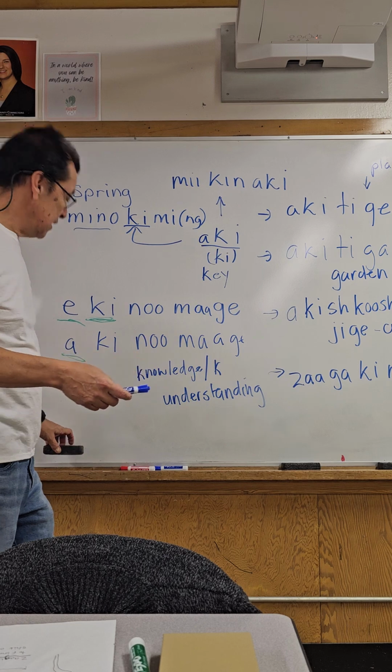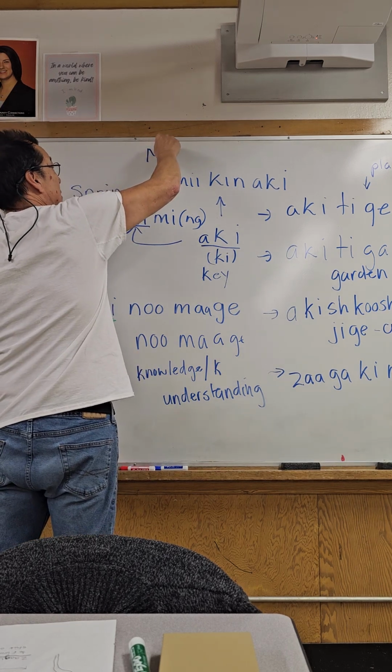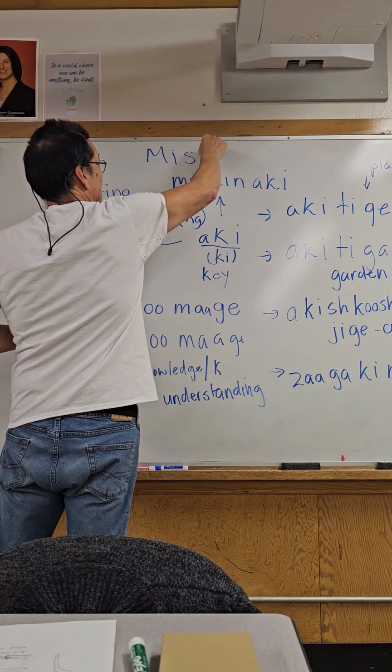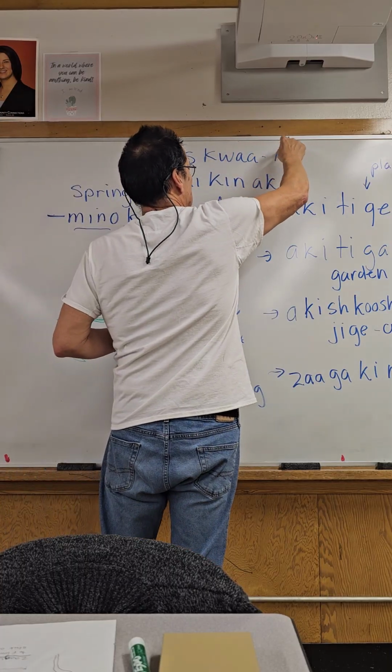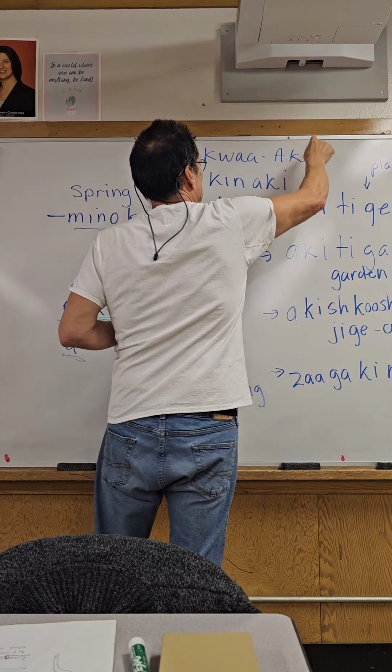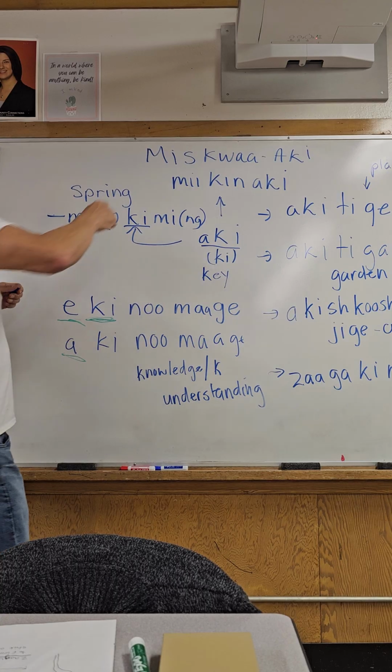If you're ever in Ontario, there's a couple of other places as well: Misqual, Orchid. Anybody know what that means? Red Earth, yeah.